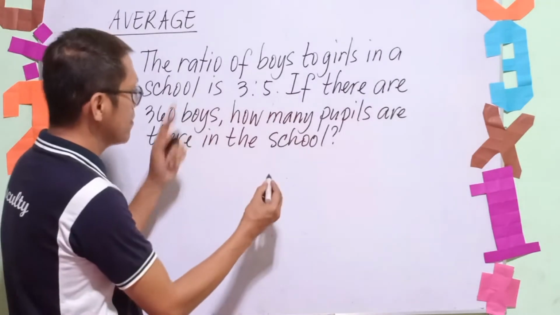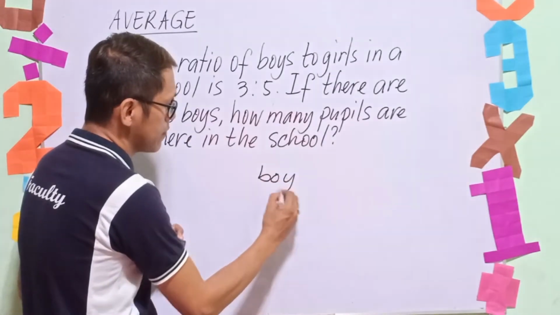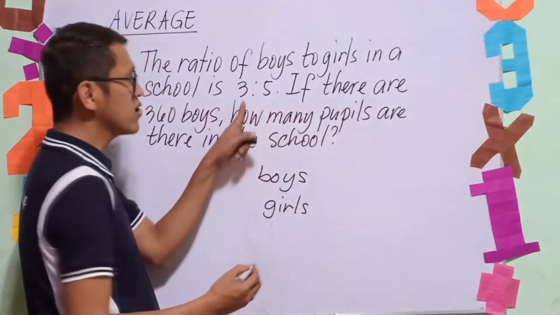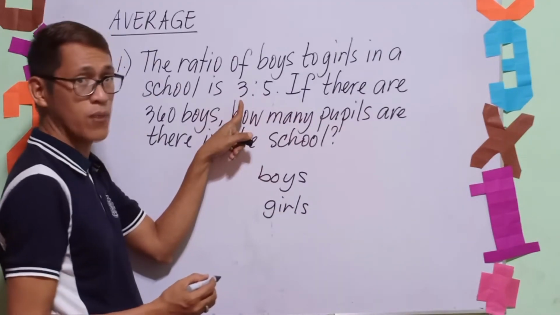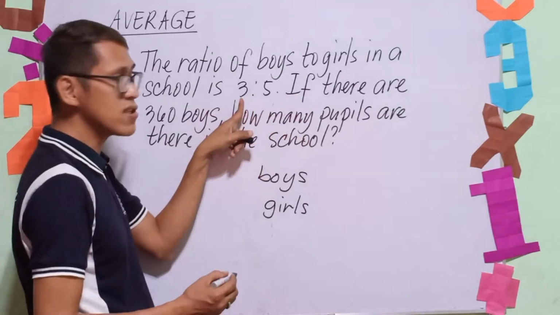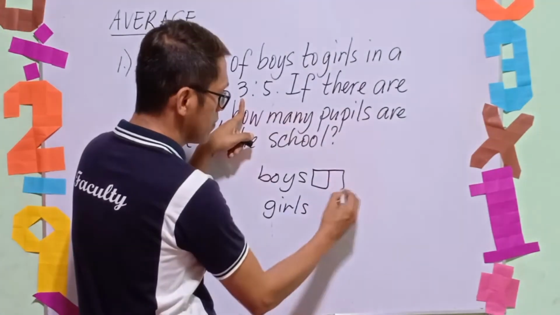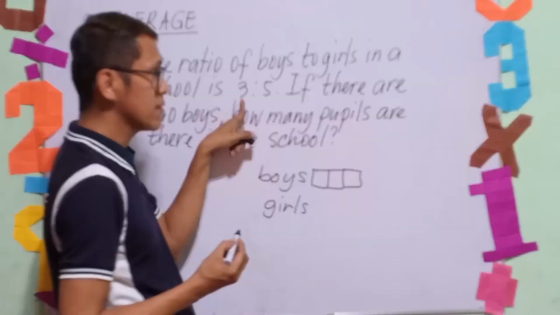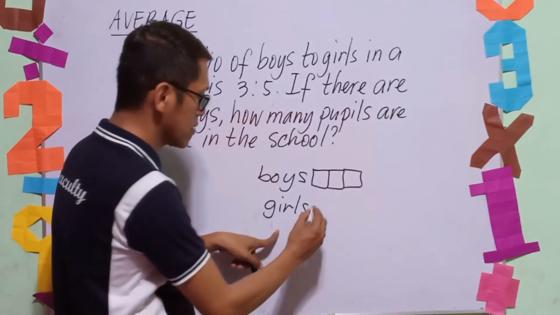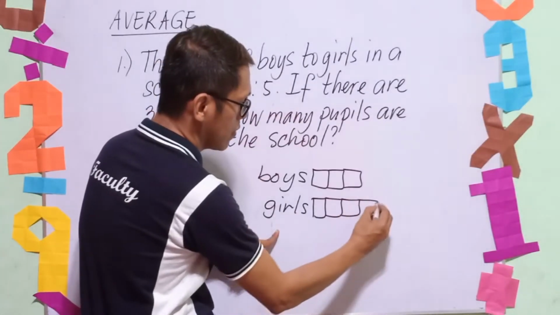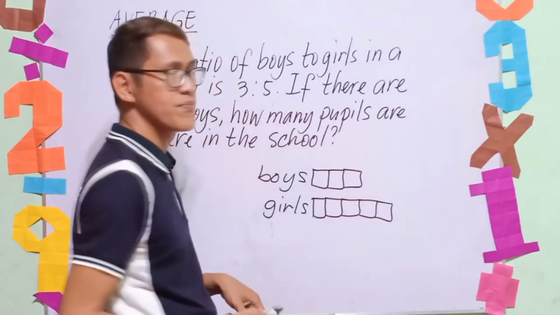Let's say boys, then girls. So the ratio is 3:5. This is for the boys, then this is for the girls. Let's draw 3 blocks for the boys: 1, 2, 3. Then 5 for the girls: 1, 2, 3, 4, 5.